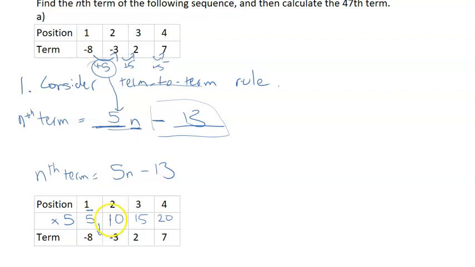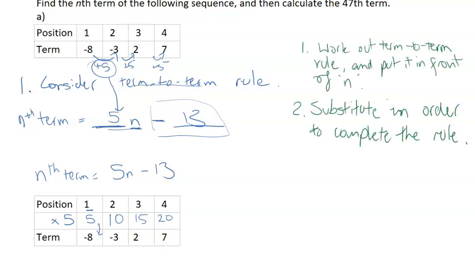So 5n subtract 13 gives -8, -3, 2 and 7. Step by step, that's what you need to follow. On the right, I've added in some rules for you to make sure you have them down. Work out the term-to-term rule and put it in front of n.